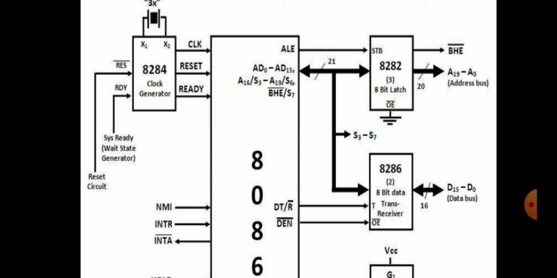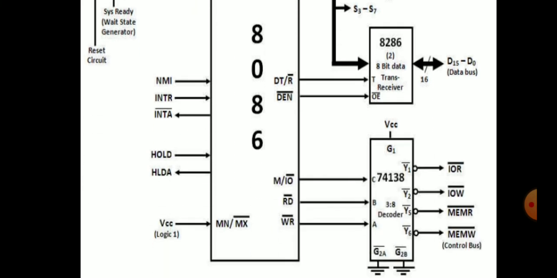DEN bar, that is data enable signal, is used as an activation input for the transceiver. So when it is 0, the transceiver becomes functional. This connection results in data read or write by carrying data on D0 to D15 lines in specified cycles of the read or write operation. Then we have the decoder.